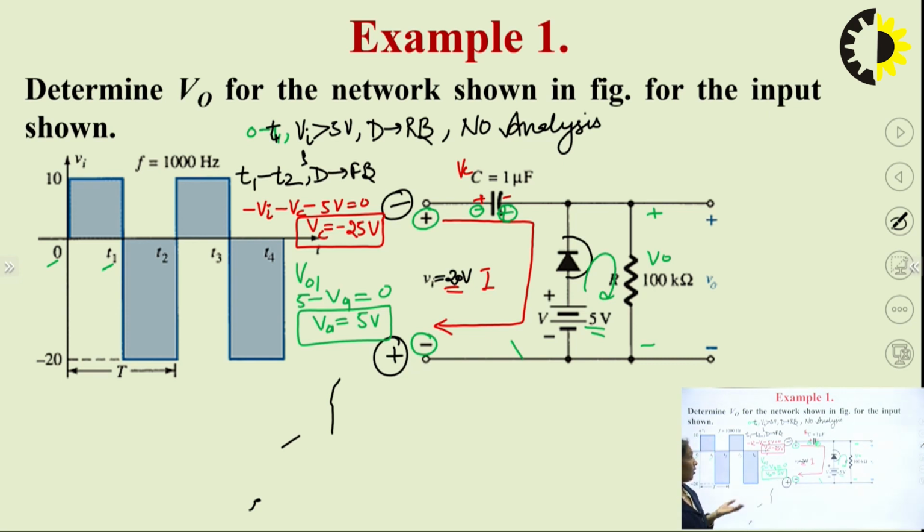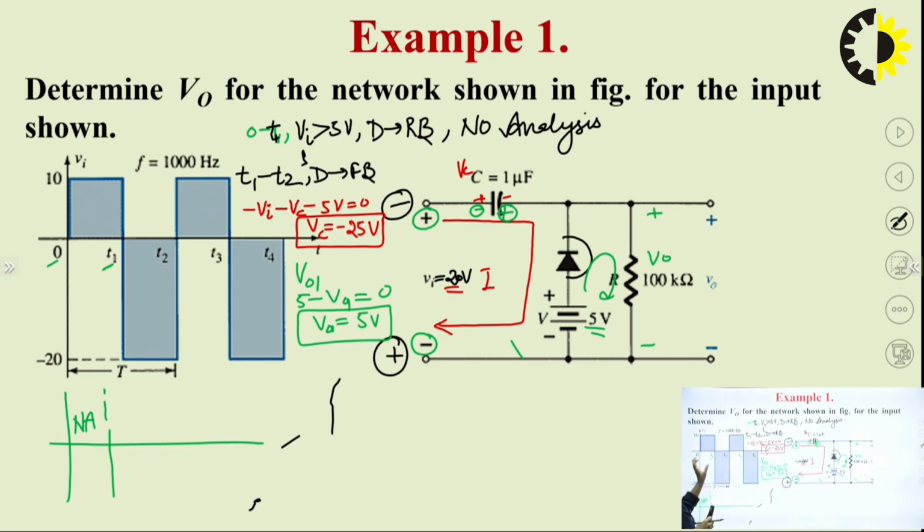Now, because here we cannot start our analysis during the first half cycle, here we write no analysis. During the first negative half cycle we have done, and we have to do the analysis for at least one complete cycle.